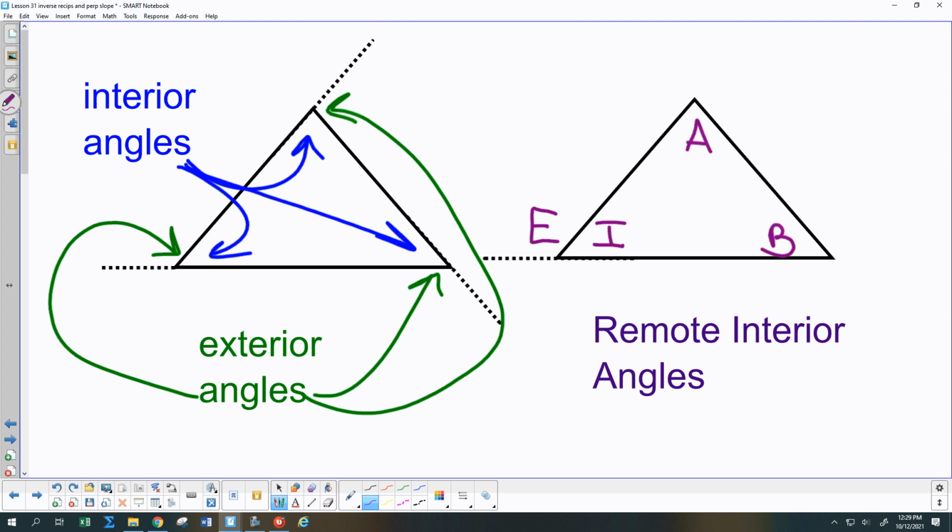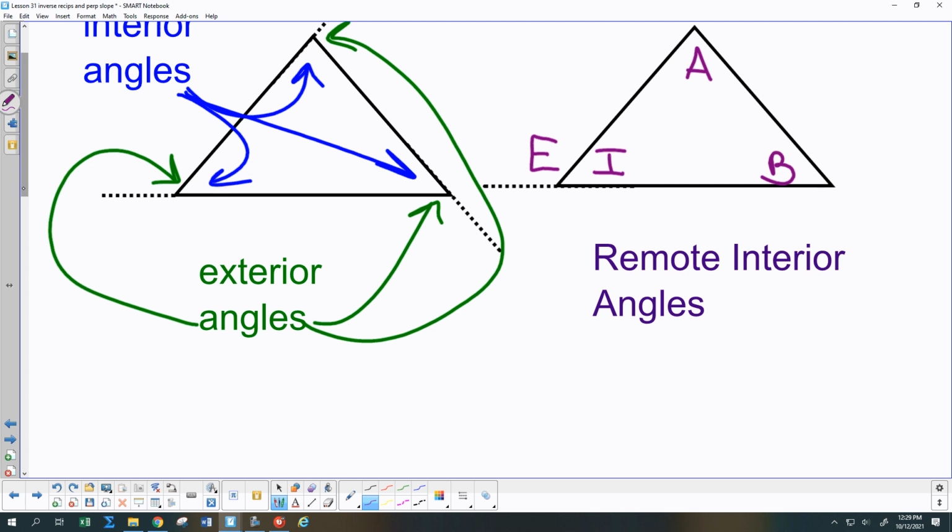Now tell me, A plus B plus I equals how much? And what's going to be my reason on that, Bryce? That's going to be 180 degrees because of triangle sum. Excellent. That's going to be 180, and that reason was triangle sum.